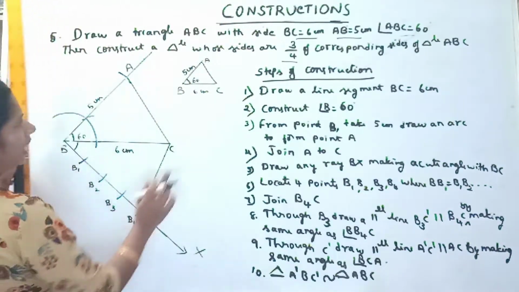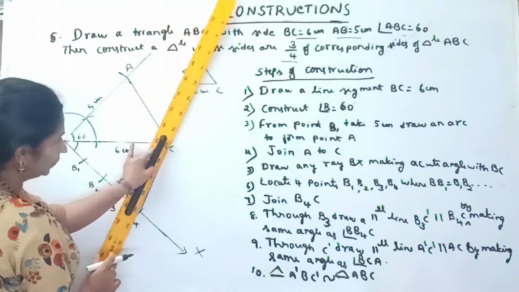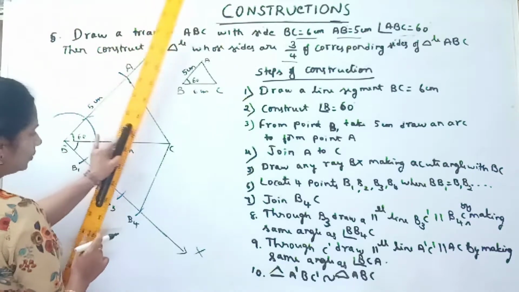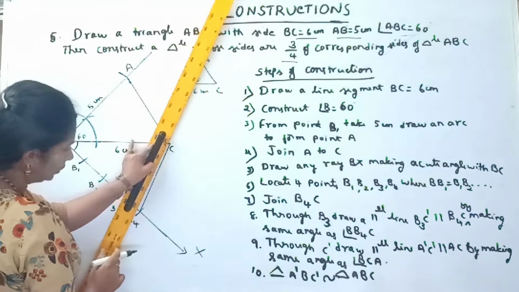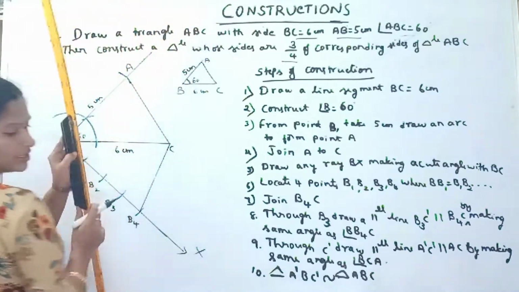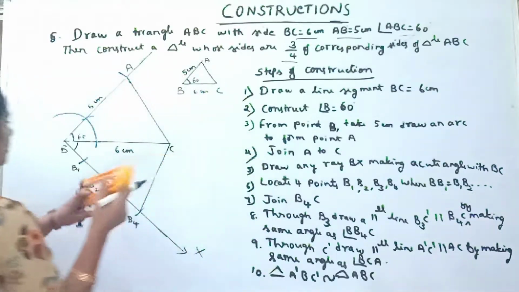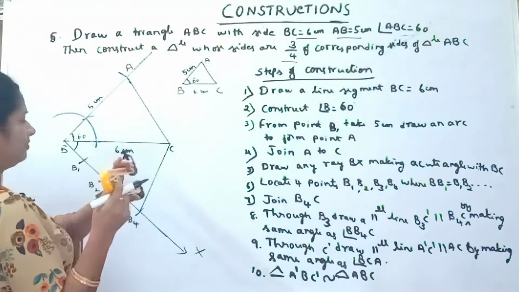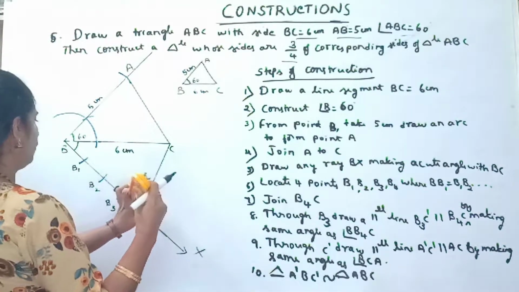Next step, we have to construct a line which is parallel to B4C. Is it clear? We have to draw a line like this which is parallel to B4C. How to construct a parallel line? Take any measurement, keep your compass on B4 and draw one arc like this.